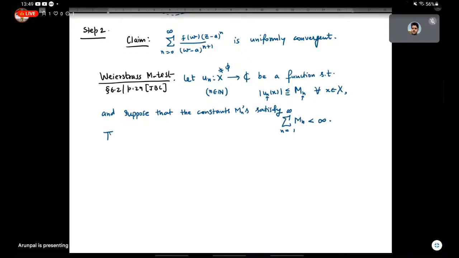Class, then the Weierstrass M-test says that this sequence of functions, u_n are functions, then this sequence of functions is uniformly convergent.